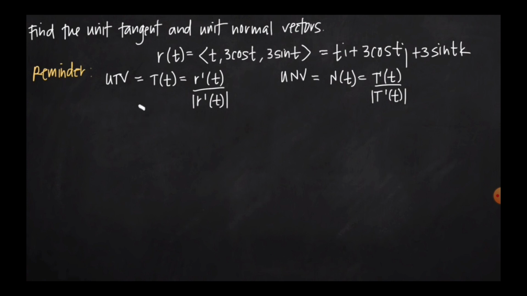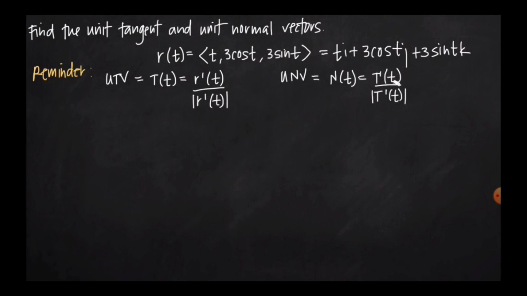Now, as a reminder, we have the formulas here for the unit tangent vector, which is going to be denoted by this capital T of t here. And as you can see, the unit tangent vector we find by taking the derivative of r of t, so we get r prime of t. And then we also are going to need the magnitude of r prime of t, which we'll talk about in a second. And then we have the equation for the unit normal vector, which we denote with this capital N of t.